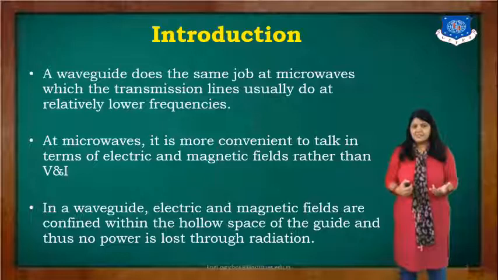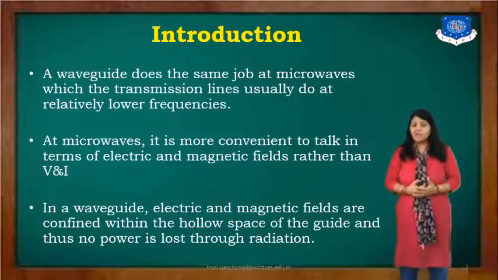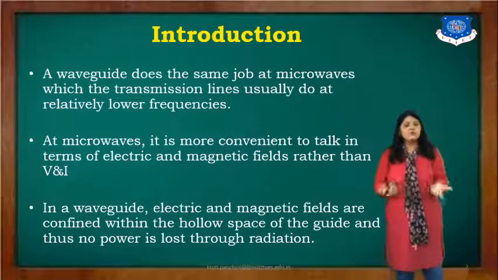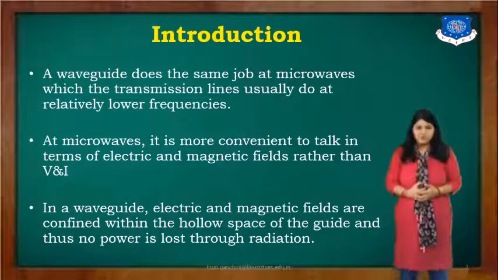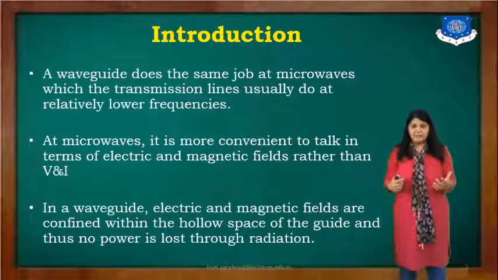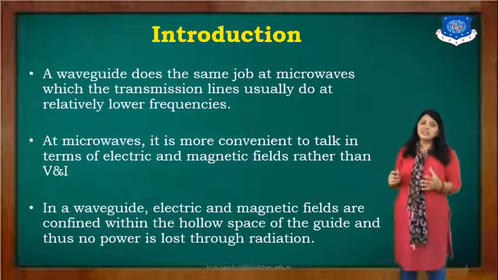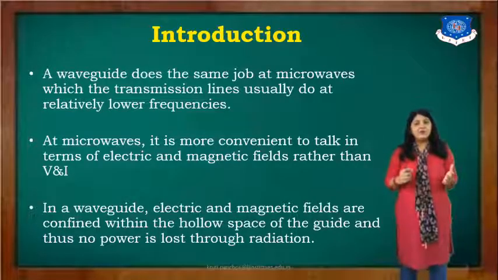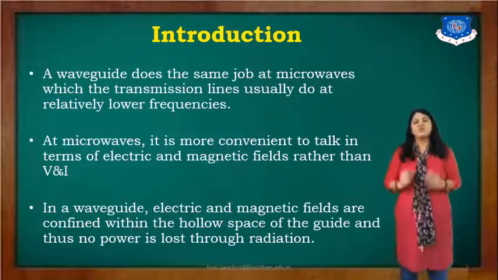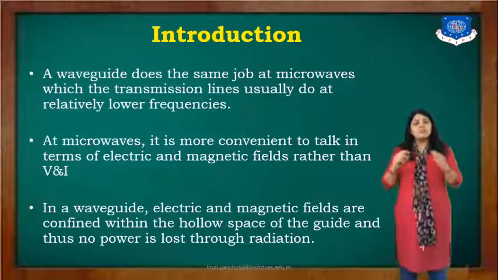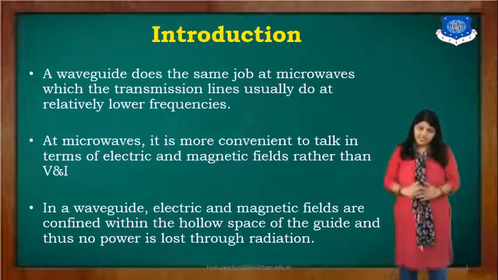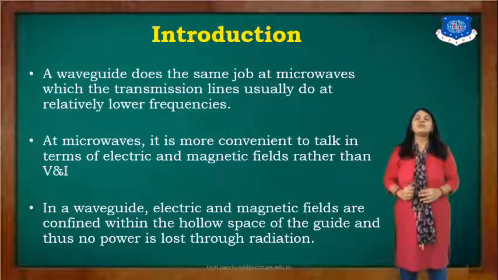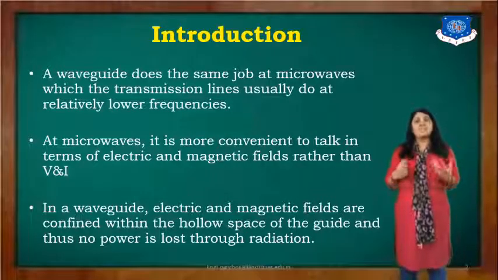Here we are not measuring the voltage and current, but how the electromagnetic wave will travel through the space, through the particular media that we are going to discuss. In a waveguide, electric and magnetic fields are confined within the hollow space of the guide, and thus no power is lost during radiation. That can be the advantage of using this.